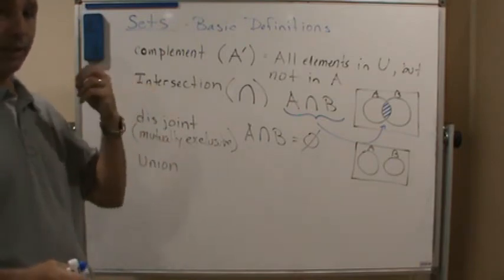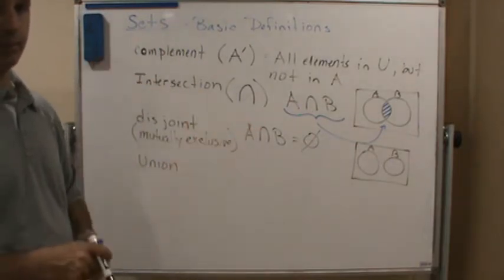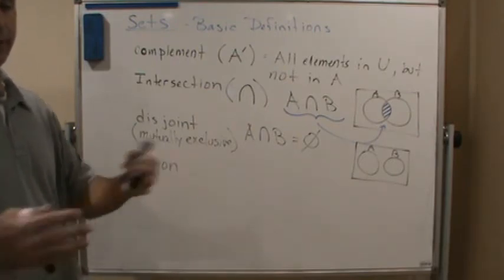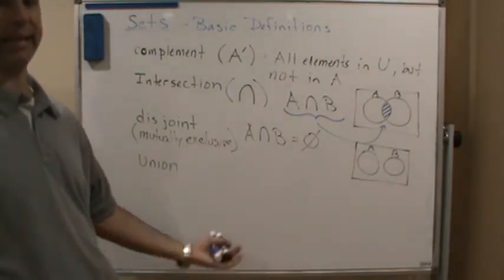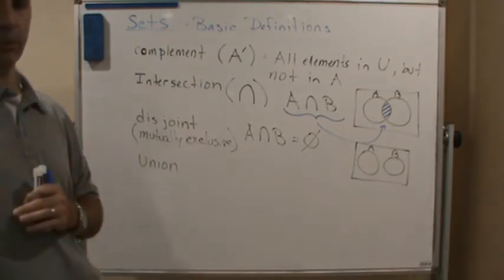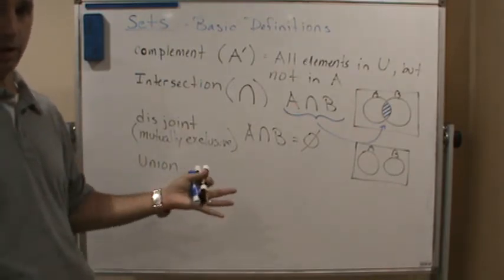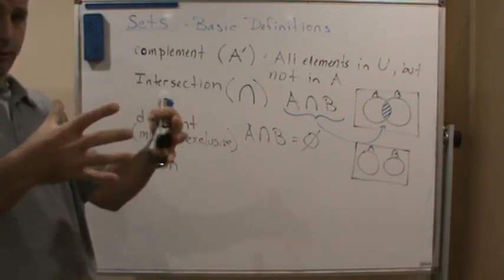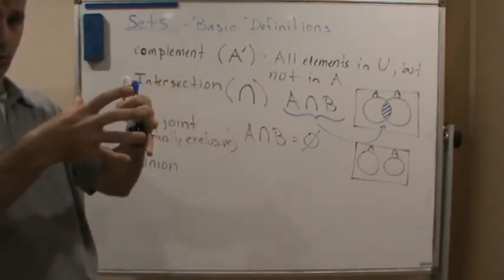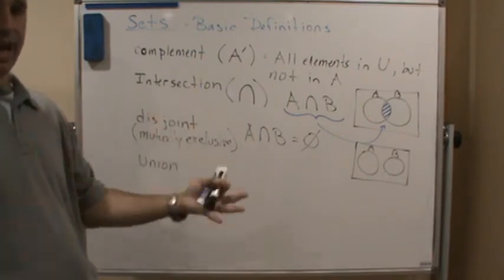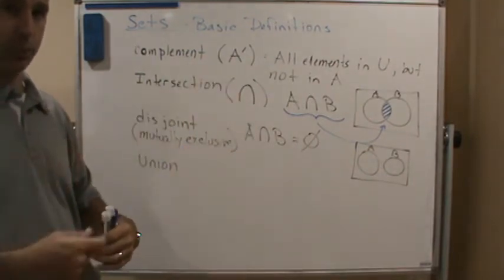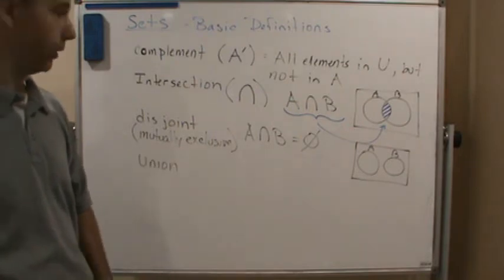So I want all the elements in just A, or the elements in just B, or both. So union means I'm combining everything. I want it all and get rid of the duplicates. If I want the union of two sets or three sets, I want to pull them all together, dump them in the same bucket, and get rid of all the duplicates.